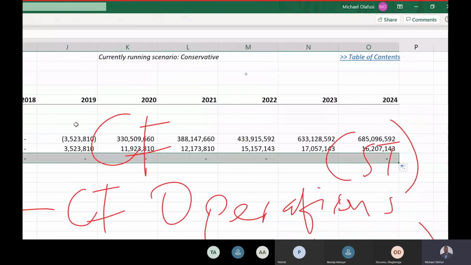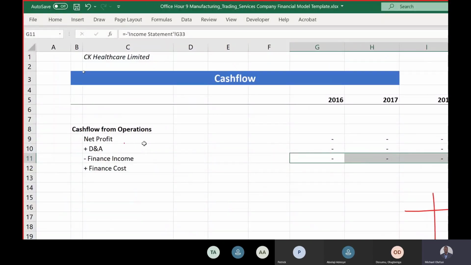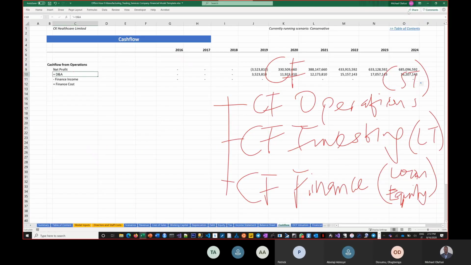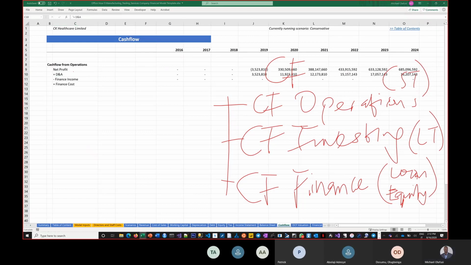By the way, if you have any question, let me just set it up so that I can see any questions easily. I'm using two screens so I can monitor questions people ask.